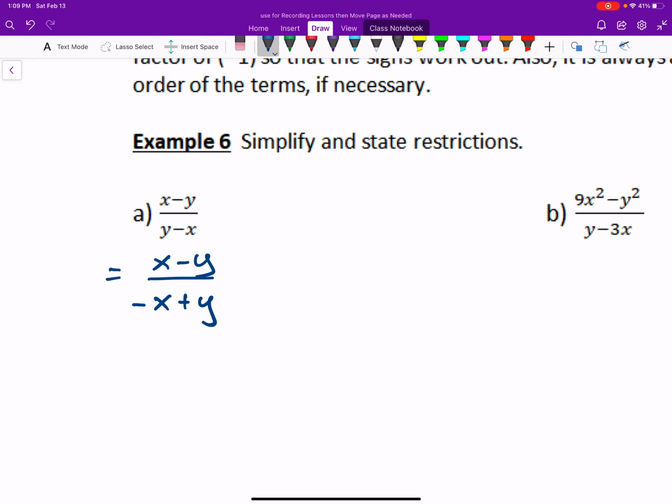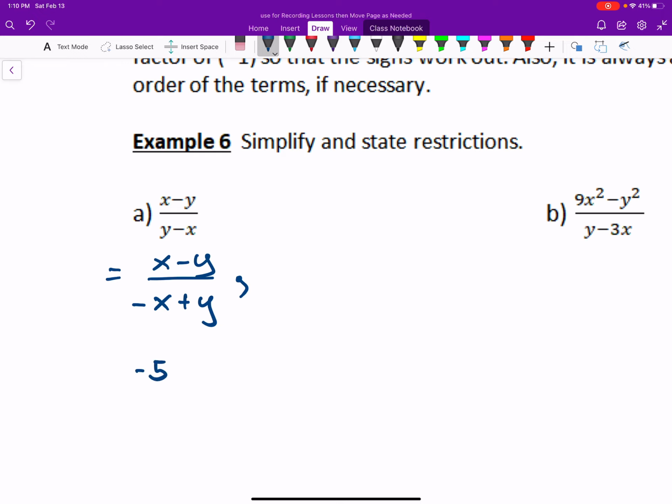The restriction is also kind of funny in this case because it's not that x can't equal 0 or that y can't equal 0. Because we've got these two variables added together, they really relate to each other. Think about when the denominator is going to equal 0. What if x equaled 5?